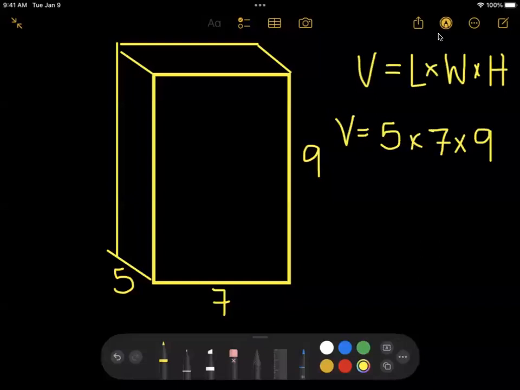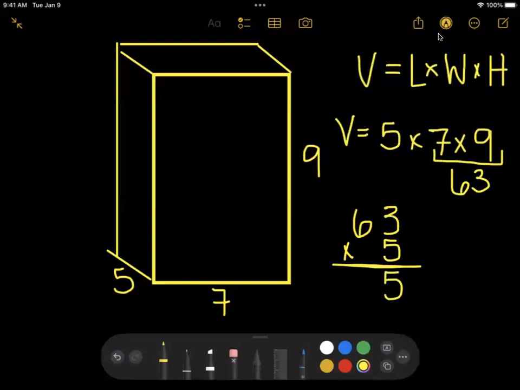So since I have to multiply all of these together, I want to start by multiplying these two together first, which would be 63. Then I would need to do 63 times 5 to find my volume. 3 times 5 is 15. 6 times 5 is 30, plus 1 is 31.